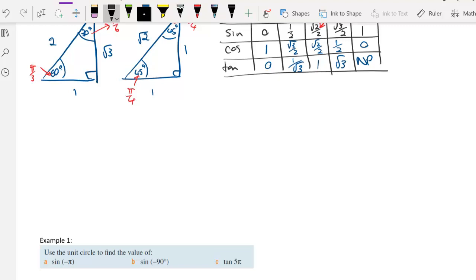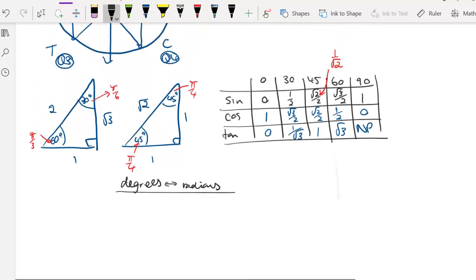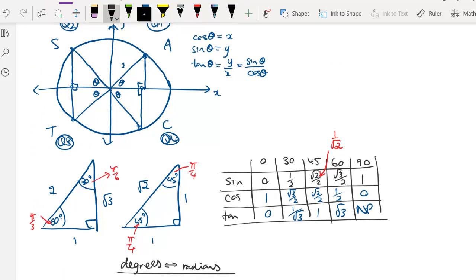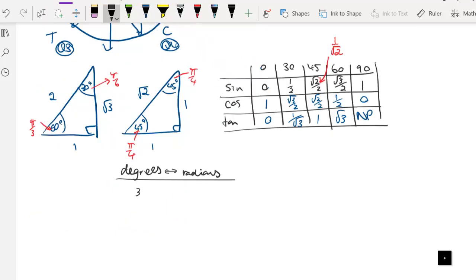So basically today we're going to be working with standard ones, so we don't have to stress too much, but when we're looking at converting between degrees and radians, it's all about the fact that the radians can be measured by calculating the circumference of the unit circle. 360 degrees is equivalent to 2 pi radians, which means 180 degrees is equivalent to pi radians.